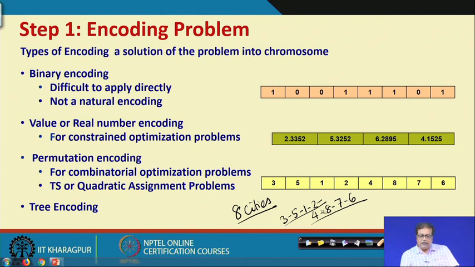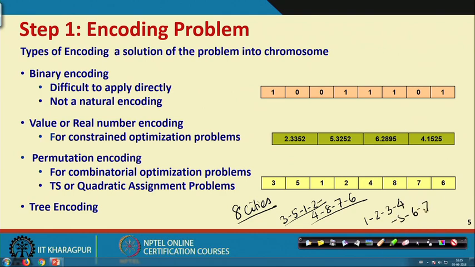Another chromosome could be something like 1, 2, 3, 4, 5, 6, 7, 8. Right. So, just going to the next city, and after 8 coming back to 1, but that we need not encode.